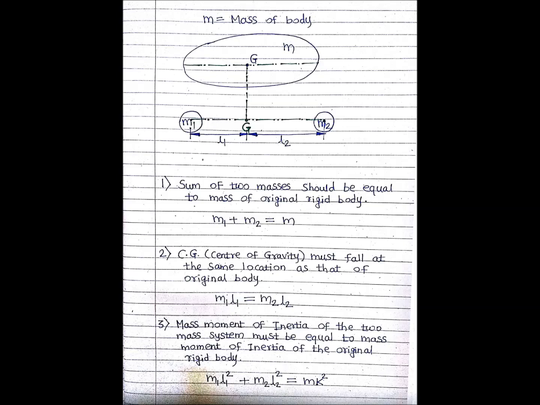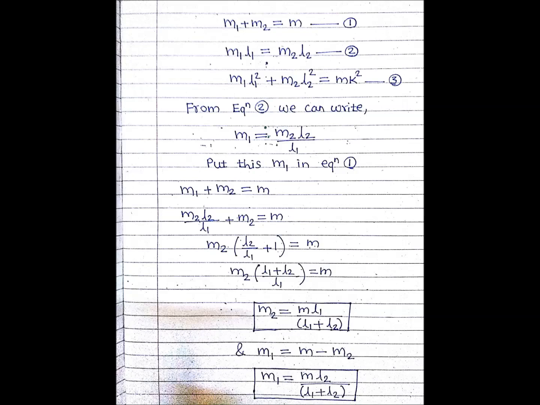From the first condition we have the relation m1 plus m2 equal to m. From the second condition we have the relation m1 l1 equal to m2 l2, and from the third condition we have the relation m1 l1 square plus m2 l2 square equal to mk square.